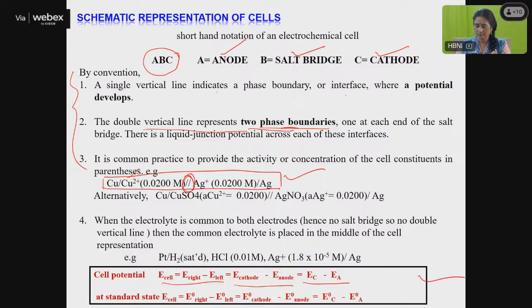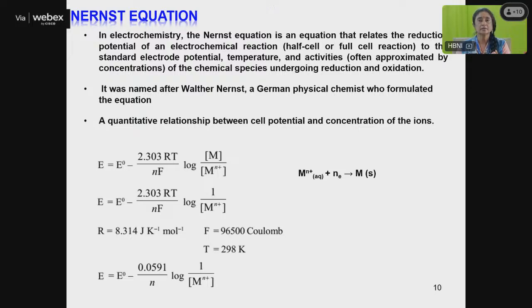You can have a look at this. The important equation in the case of an electrochemical reaction is the Nernst equation. For a typical reaction, M^n+ taking n electrons gets reduced to the metal M. The equation is E = E0 minus 2.303RT/nF log([reduced form]/[oxidized form]).